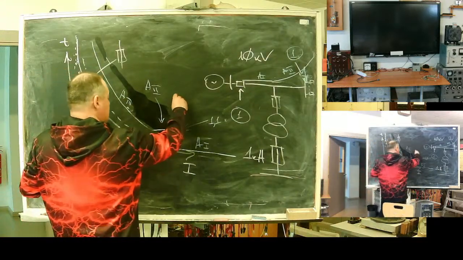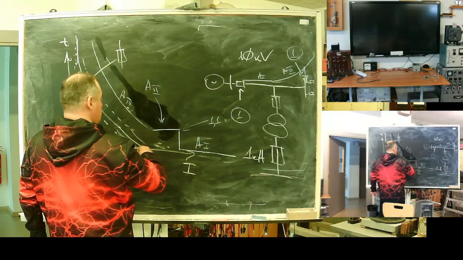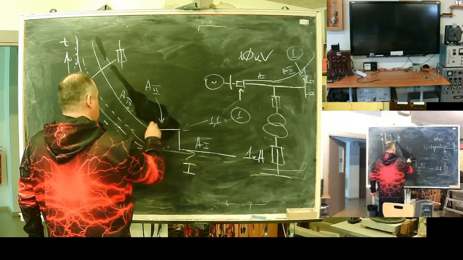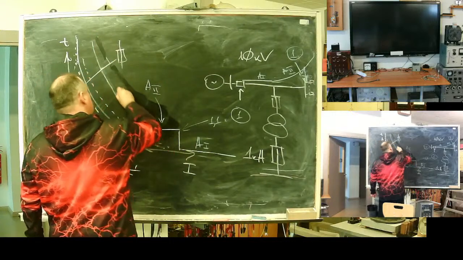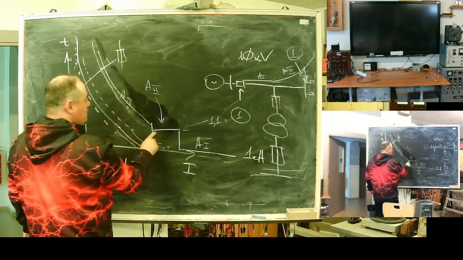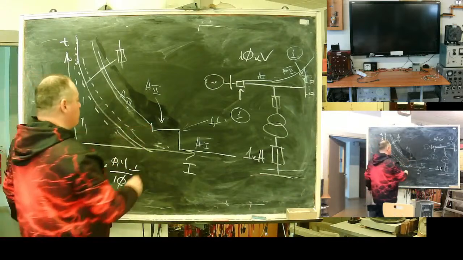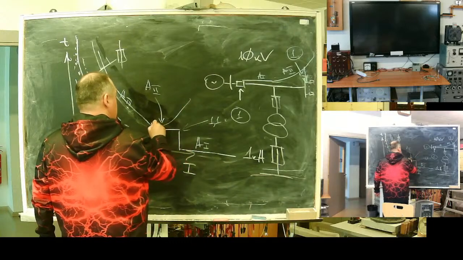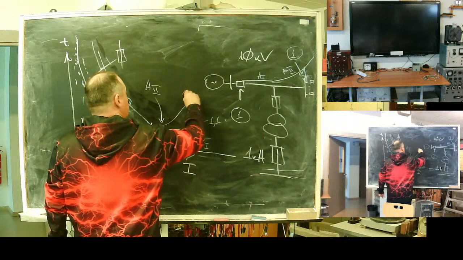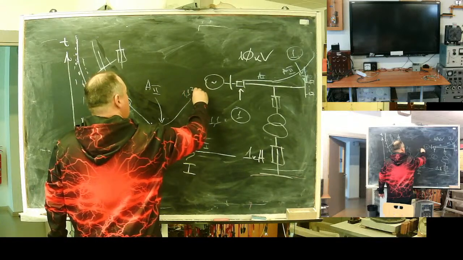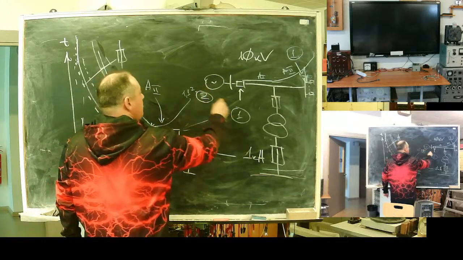Here, for this zone, to make it more visible, I will draw it a bit like this. Actually, this step is not needed. I draw it to make it visible. Here is the trip time, 1.1 multiplied by current number 2.